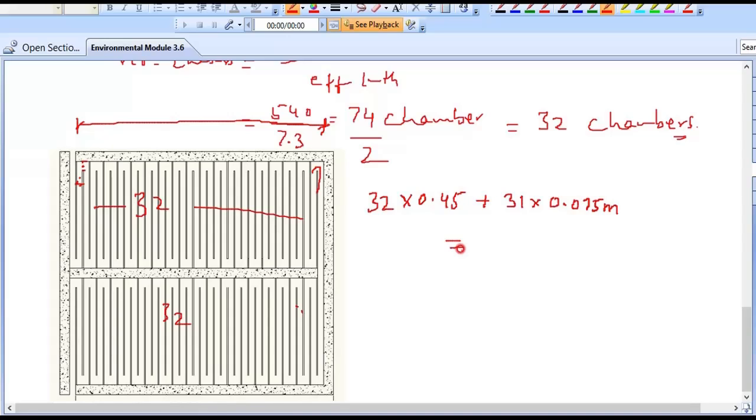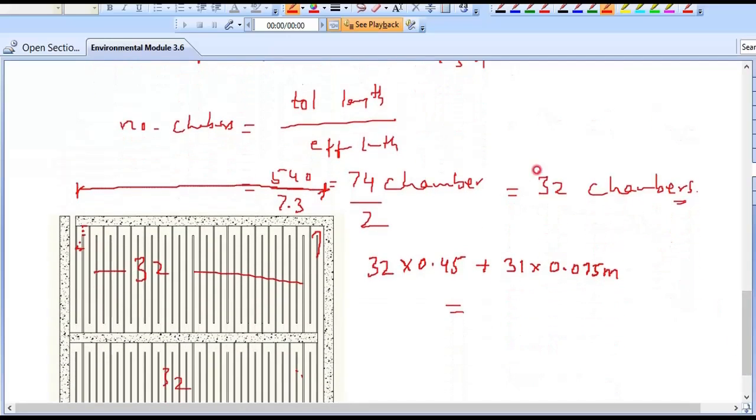32 into 0.45 plus 31 into 0.075, that is 16.725. It is 74 by 2, this will be 37. Therefore this will be 37 chambers. Therefore this is 37 and this is 36. This is 19.35.